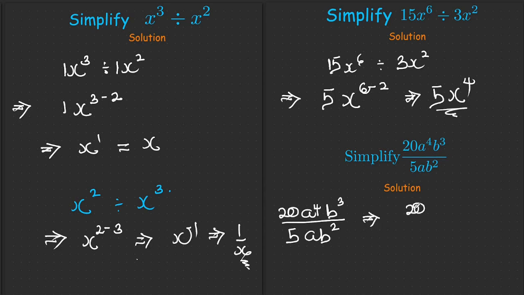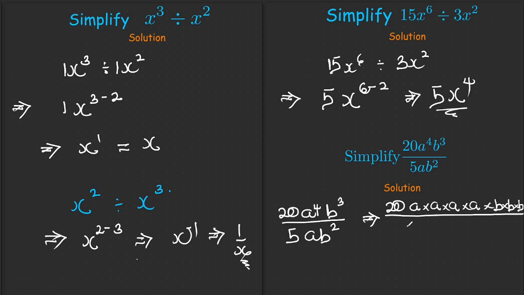We have 20. The a to the power 4 is simply a times a times a, then times another a. Then the b to the power 3 will simply mean b multiplying itself thrice. So I'm going to write times b, then times b.